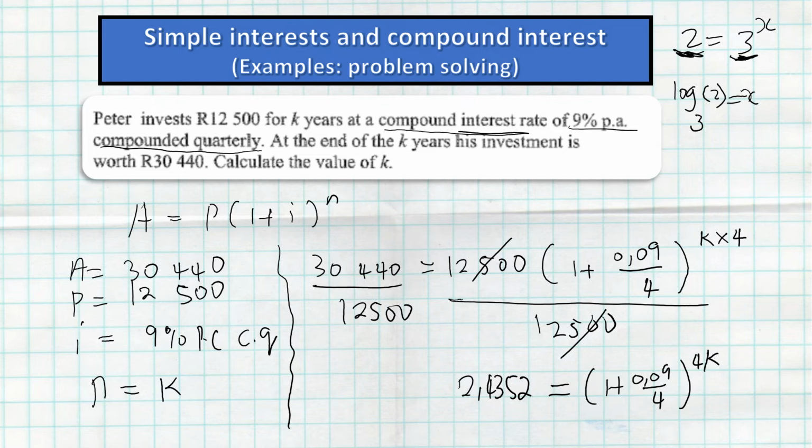So that will be your x if you had something like that. So going back here to solve for my K, it's now 4K. So we basically say 4K is equal to the log, base 1 plus 0.09 over 4, which you put in brackets, of 2.4352. So you have log on your calculator. You can just press this on your calculator to get the answer. Okay.